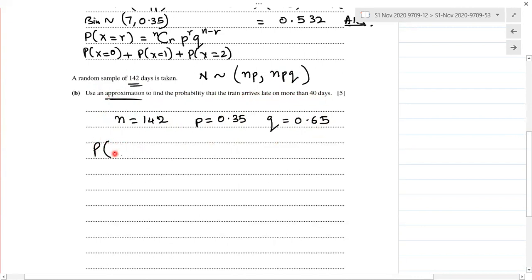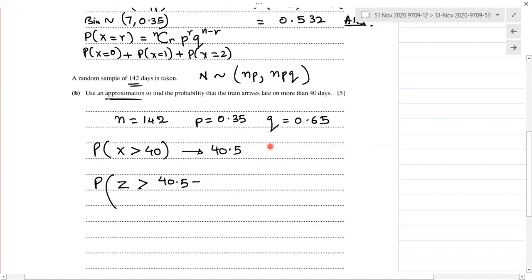Remember, this is a continuity correction. So once we convert this and standardize to a z value, greater than 40 will become 40.5. So we get 40.5 minus the mean value, which is n times p.